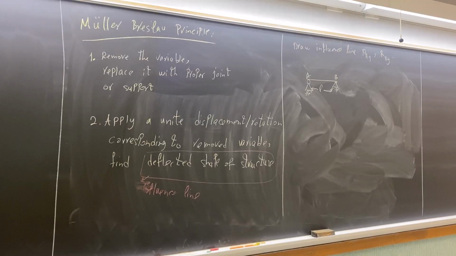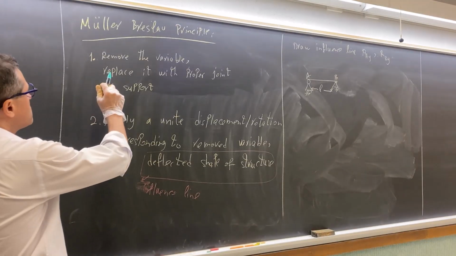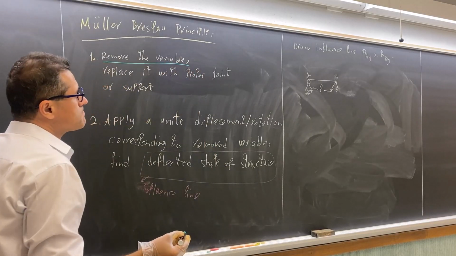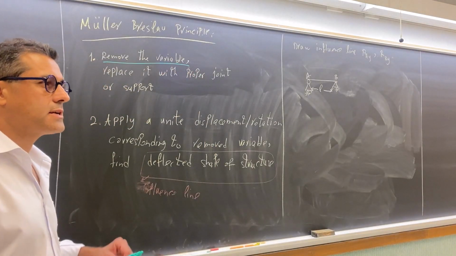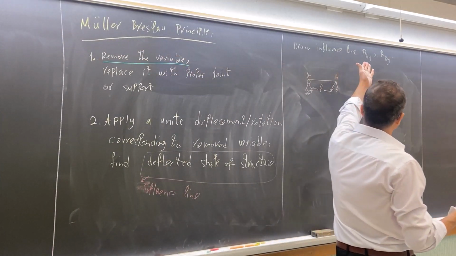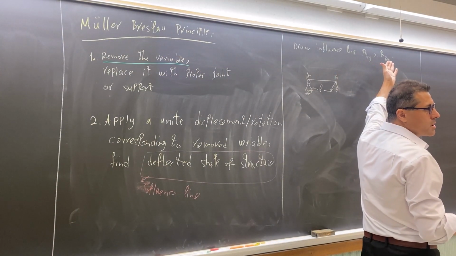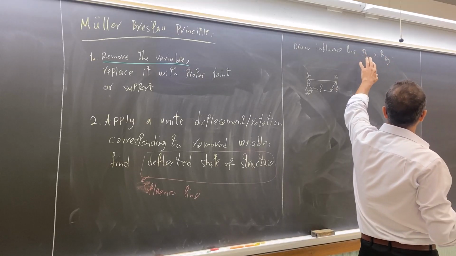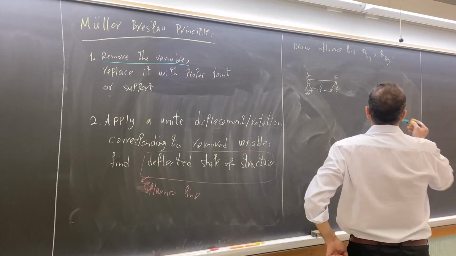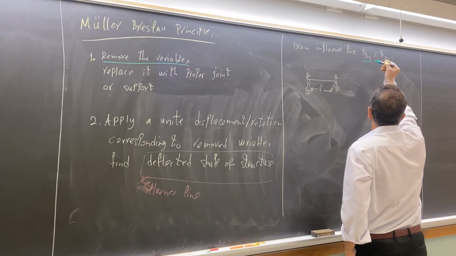First step, remove the variable. What is the variable, Alex? These are the variables. Sometimes the question says RA, sometimes RB, sometimes moment. So we start with the first one.